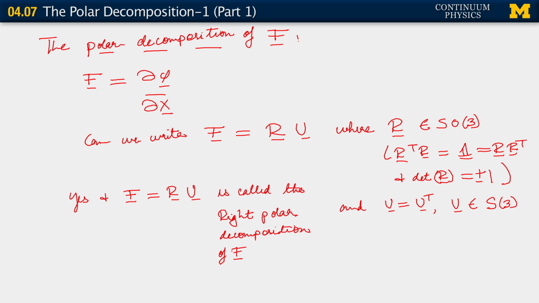It's the right polar decomposition of F. The way I'm going to proceed now is to demonstrate certain mathematical properties, and then we'll come back and look at what this means physically. So let's look first at these mathematical properties.